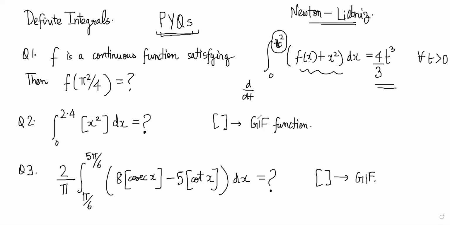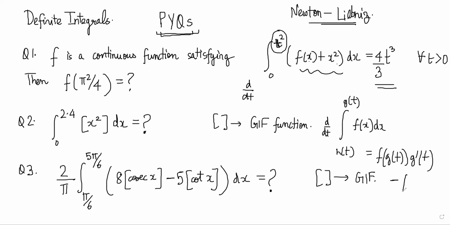Yeah, we have to substitute the upper limit for x. What was the formula? If it was integral of f of x dx with limits g of t and h of t, when you take the derivative with respect to t, what was the formula? It was f of g of t multiplied by derivative of g, minus f of h of t multiplied by derivative of h, right?